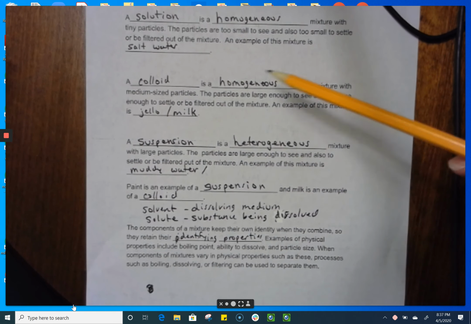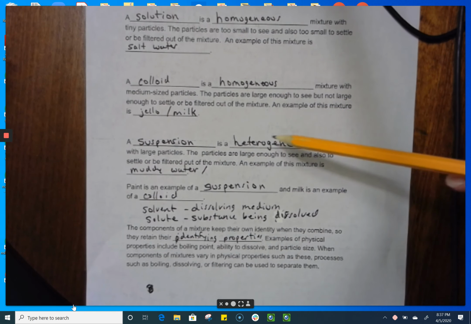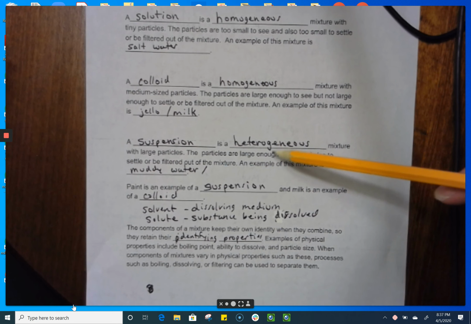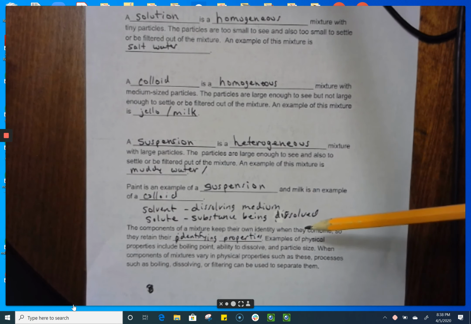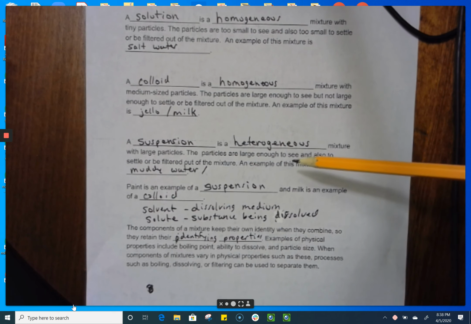A suspension is a mixture, but it's heterogeneous because in a suspension you can see some of the different particles of solutes that are in the solvent, because a lot of times these particles are large enough that they will settle to the bottom. So muddy water is an example of a suspension.